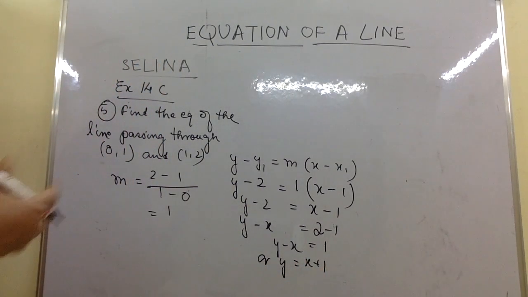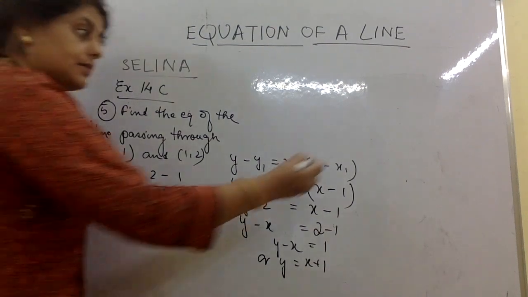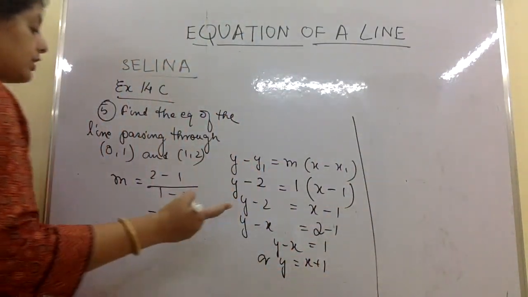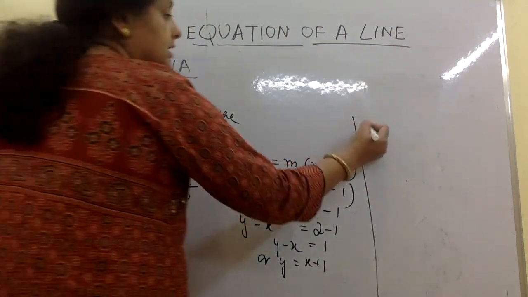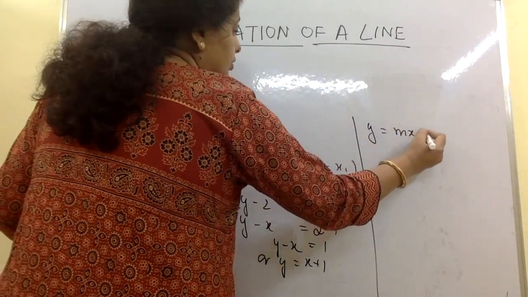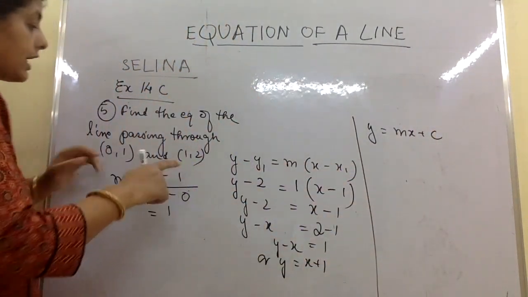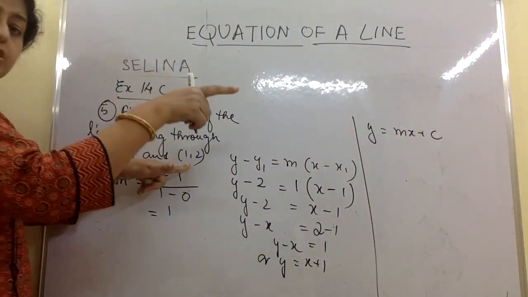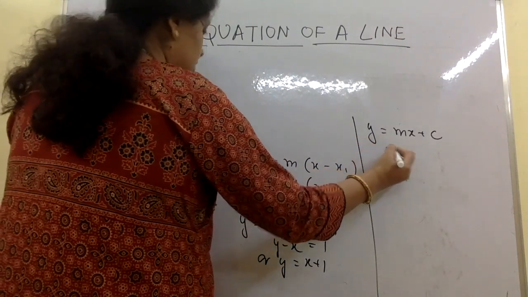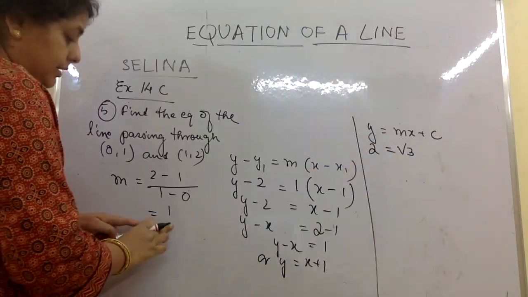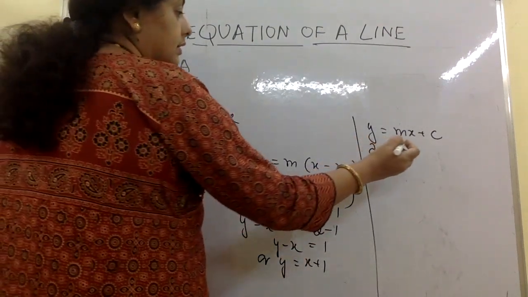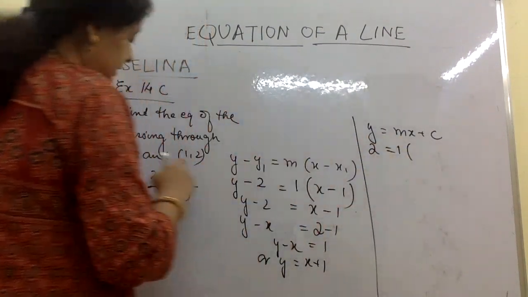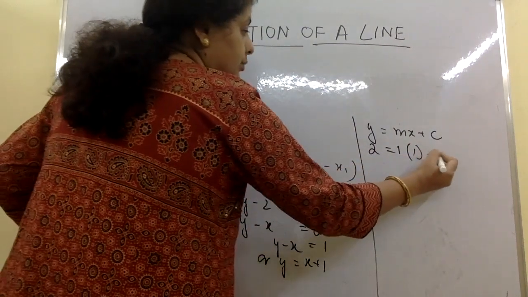Now if I want to do it by the y-intercept type, then y is equal to mx plus c is my equation. Here I'll pick any one point which passes through the line and substitute it here. y is 2, m is 1 and x is 1, so 2 is 1 plus c.